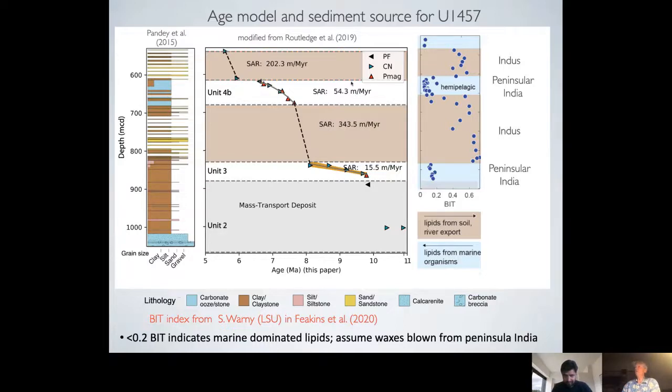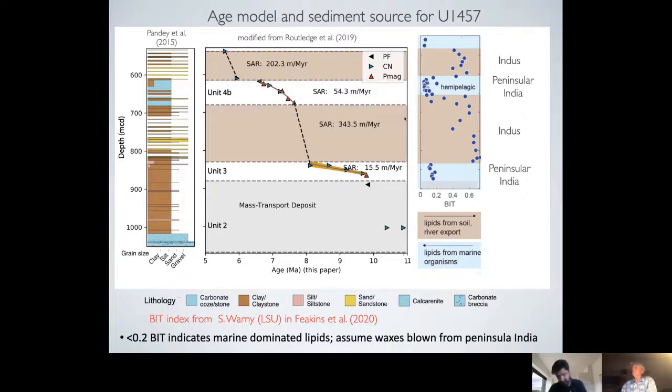and we have a nice calibration from magnetostratigraphy, and so these triangles are paleomagnetic tie points, and this is calcareous nannofossils in here. So we had a couple of those, and then one planktonic foraminiferal date here. And then very rapid deposition here, and then slower deposition.